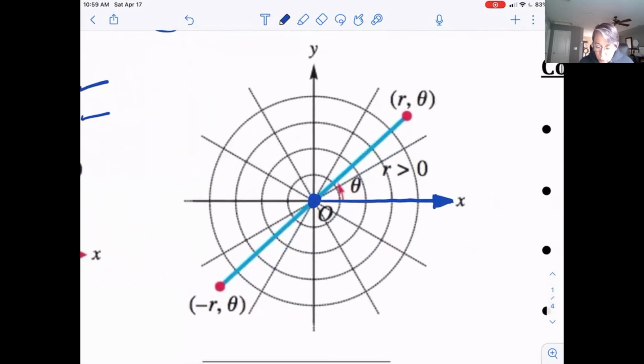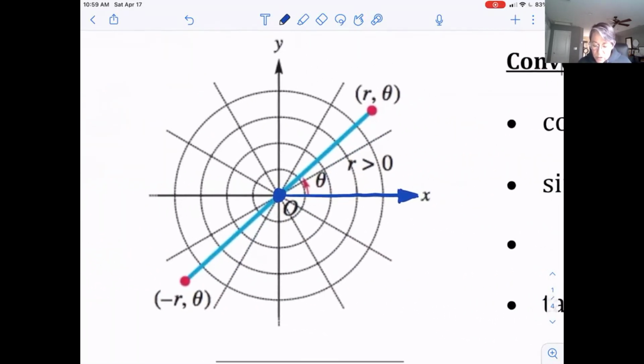So in polar coordinates though, instead of using those little rectangles, we use circles because it's easier to determine what the radius is. In other words, that distance out. So for example, this would be a radius of 1, 2, 3, 4.